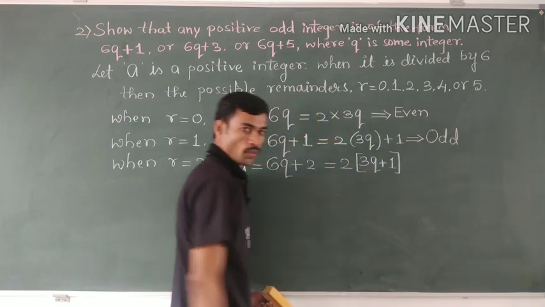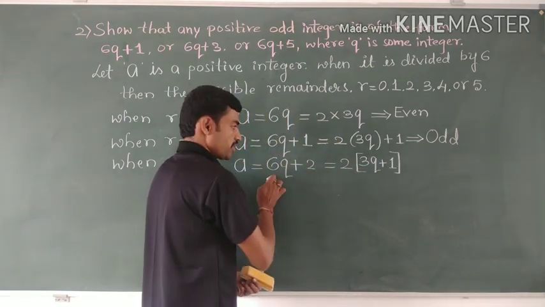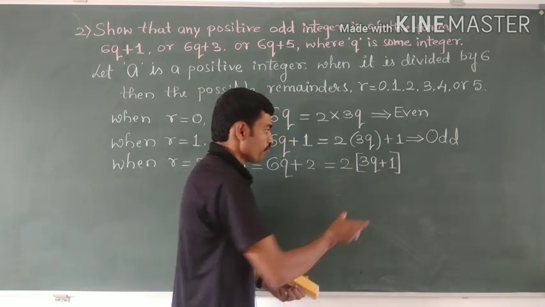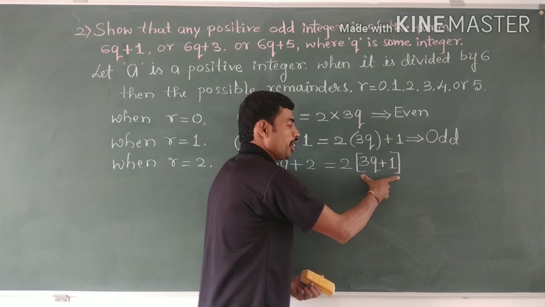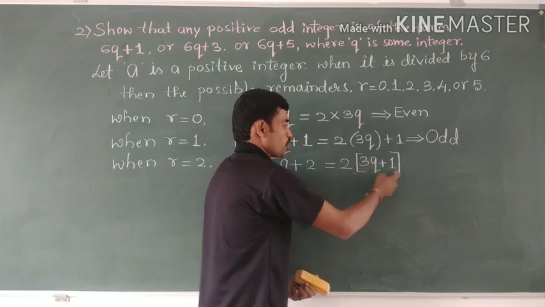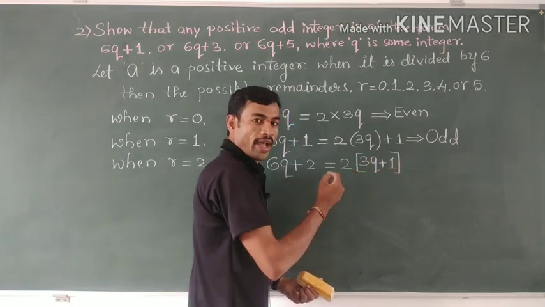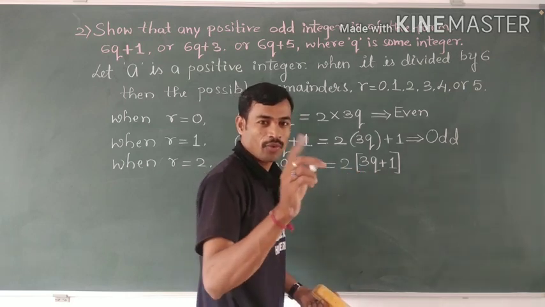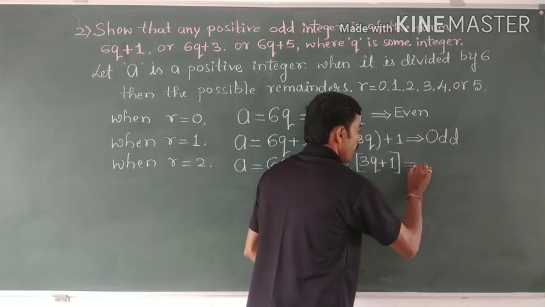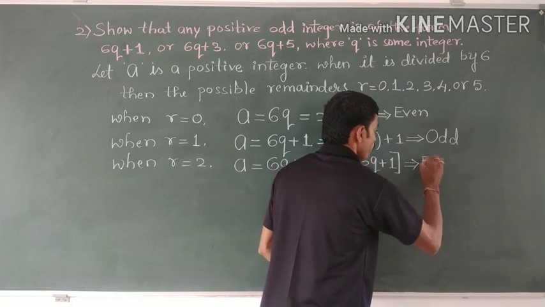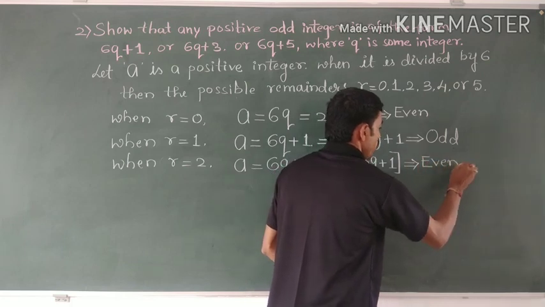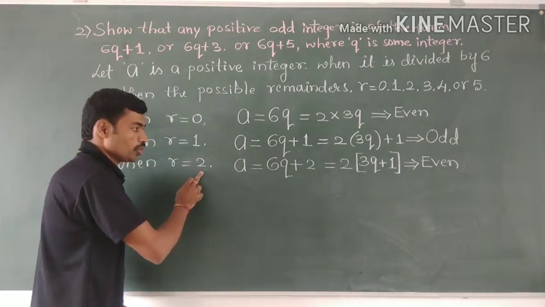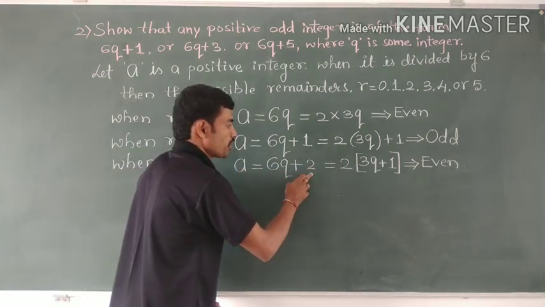Any number you multiply with 2 gives an even number. So when the remainder is 2, 6q plus 2 is an even positive integer.